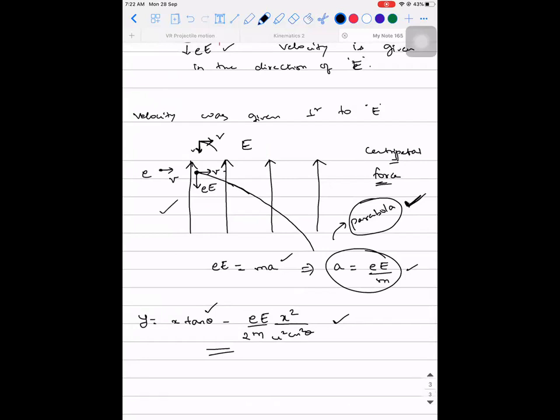So, initial velocity is in which direction? Positive x-axis. So, what will be the angle it makes with the horizontal? 0. That's right. So, it will be 0.